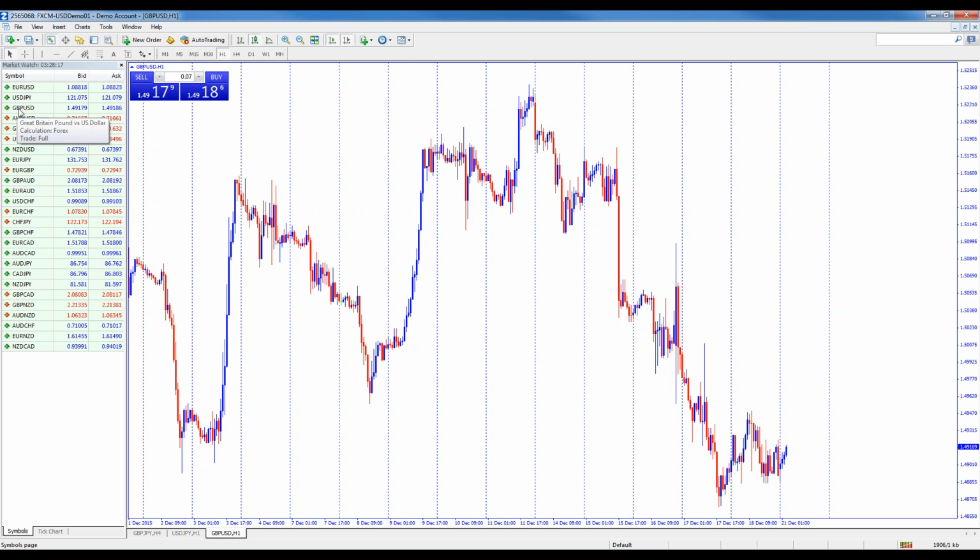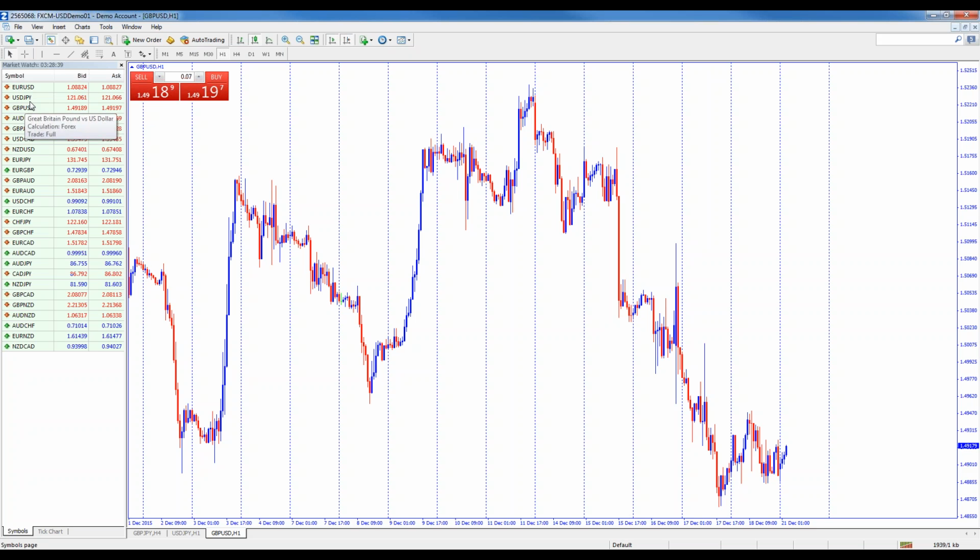If you want to go to England, you have to pay $1.49. If you want to go to New Zealand, you're paying 67 cents. If you're purchasing these currencies, those are the prices. The one in the front is the dominant symbol, and that's what you're paying for. That's the quote right there.